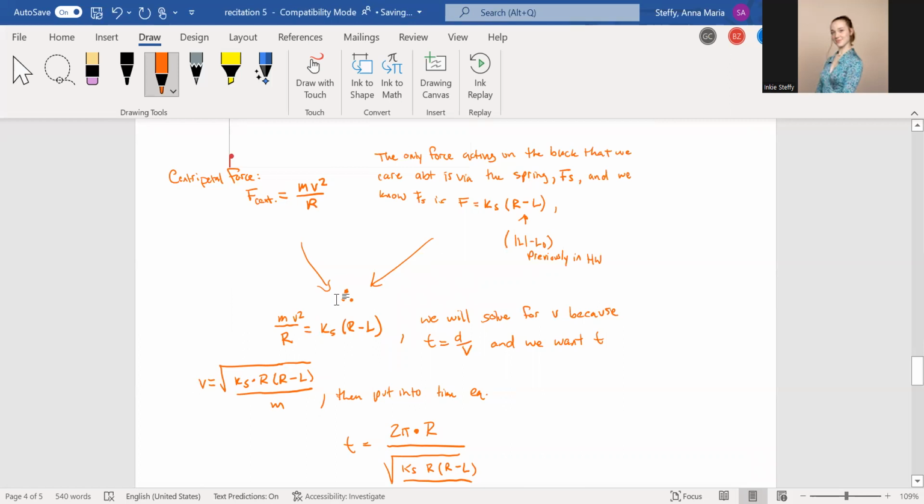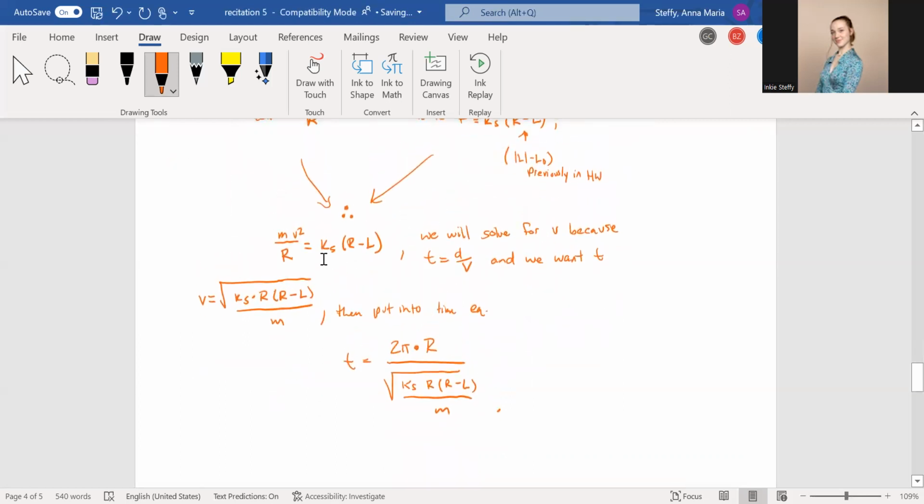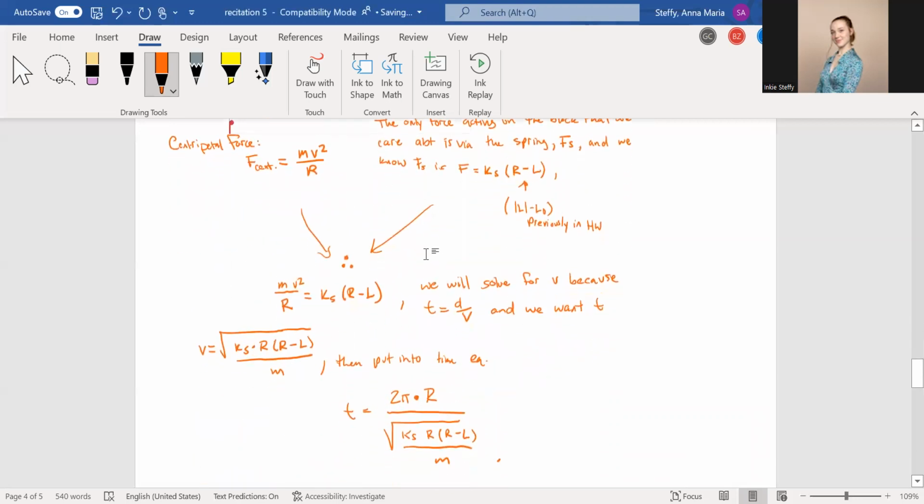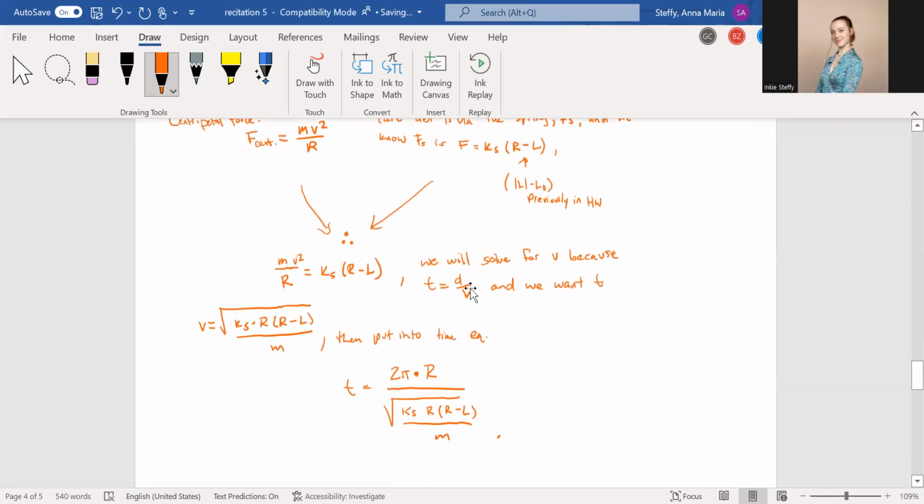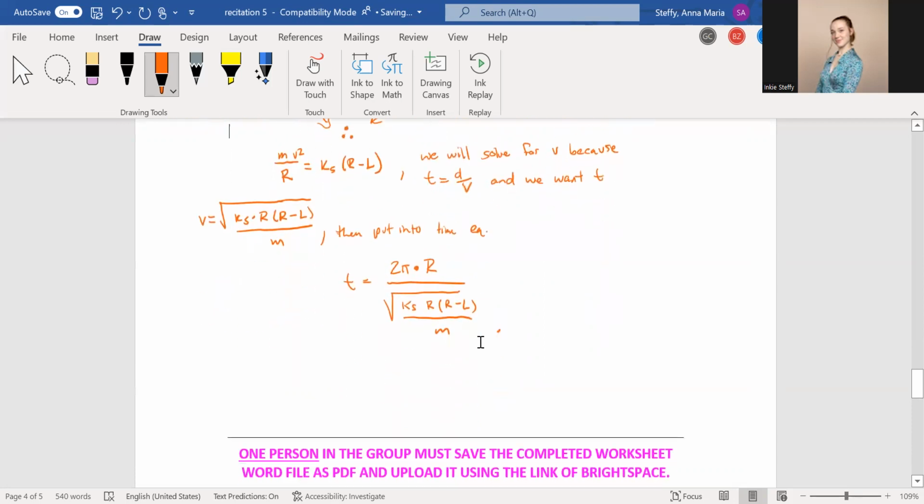I put them together, therefore these are equal to each other. I'm going to solve for V, because that's what we're looking for. No, we're looking for time, but I know that time is distance over that. And we want T. So this is going to be that, it's just to solve for, and then we put it in that equation.